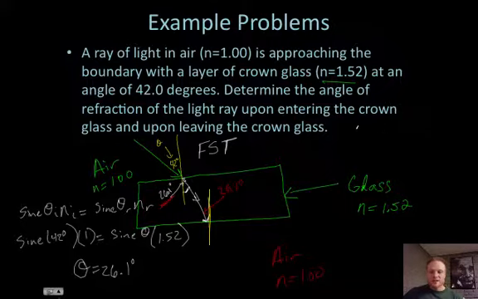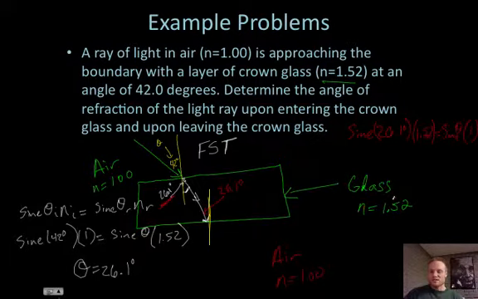We have the sine of this angle, which is 26.1 degrees, times the n of glass, which is 1.52, equals the sine of theta here. What is it going to come out as? And then what is the n of air? It is 1.